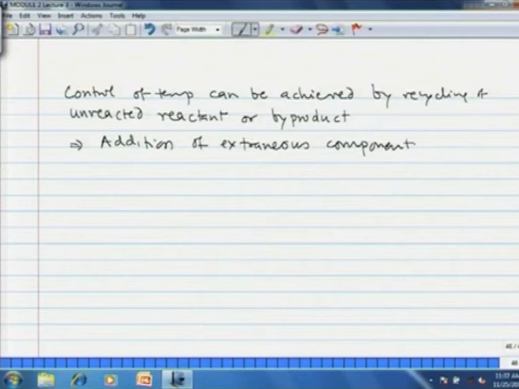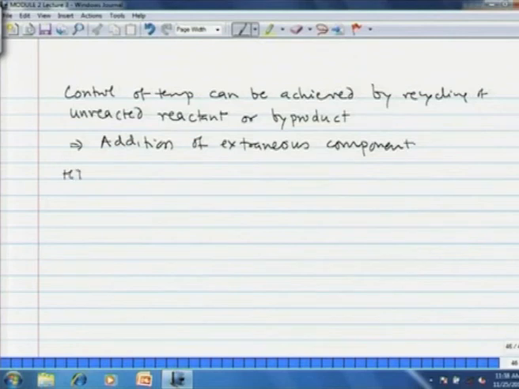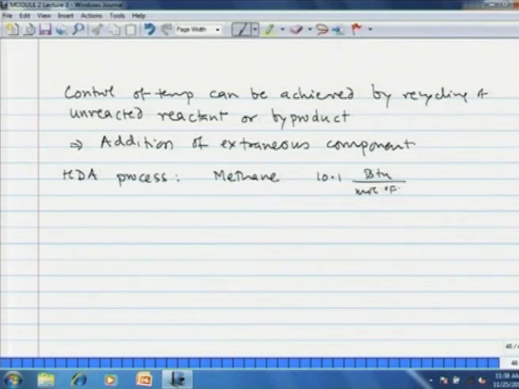Okay. However, the cost of this extraneous component and then its processing etc. will add to the overall operating cost. Okay. For example, in the HDA process, we have the side product of methane. We just saw that methane has sufficiently high heat capacity of 10 BTU per mole per degrees Fahrenheit. If we recycle more gas, more unreacted hydrogen along with methane, the methane acts as a heat diluent.